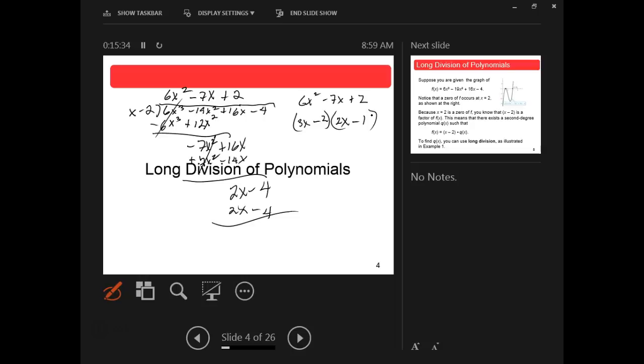What were their other zeros then? If those are the factors, how do we find our zeros? Set it equal to 0. So that would be 3x minus 2 equals 0, or 2x minus 1 equals 0. What does the first one give you? x equals 2/3, and the second one gives you x equals 1/2.